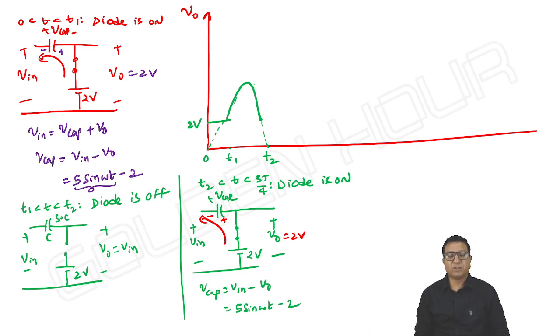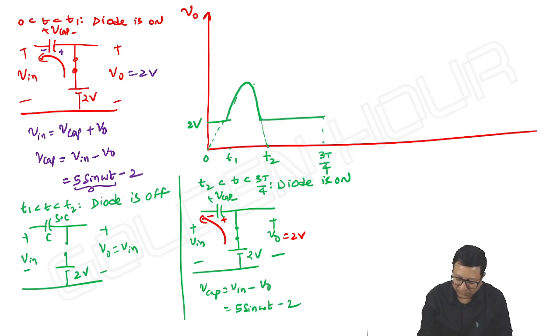It looks like 5 sin omega t minus 2, but the thing is 5 sin omega t value is less than 2 volts. So output is 2 volts from T2 to 3T by 4.